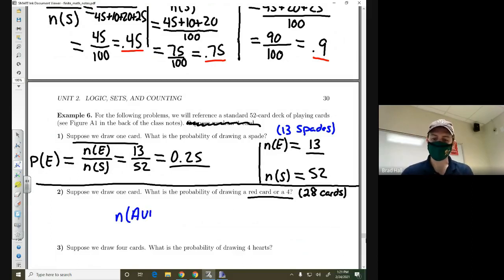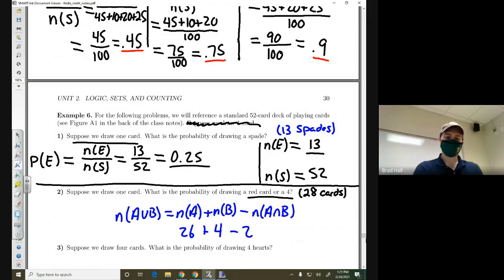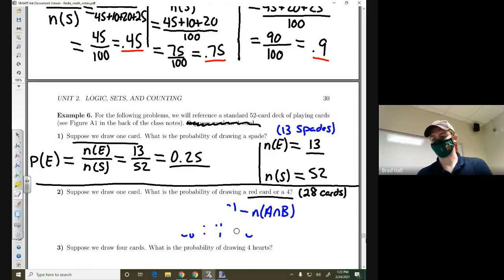So the union is equal to adding the 2 sets together minus the intersection. We found that there were 26 red cards plus 4 4s, but we subtracted off what they had in common. There's two 4s that are red, and that's why it's 28. So just to connect all of this together, that's probably one of the first practical uses of that formula. But again, that's just food for thought, more so than anything.